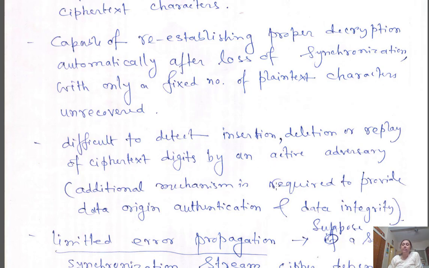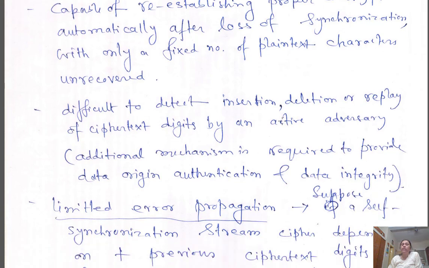So you have to come up with an additional mechanism to support detection of an active attacker, required to provide data origin authentication, meaning from whom the data is received, and data integrity, whether data gets altered somewhere.